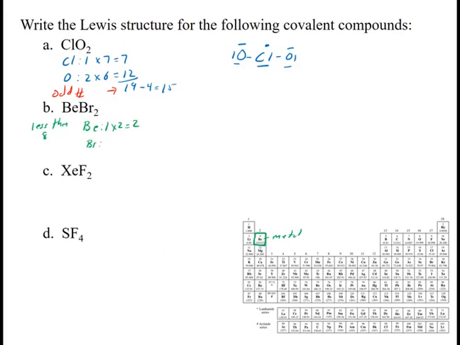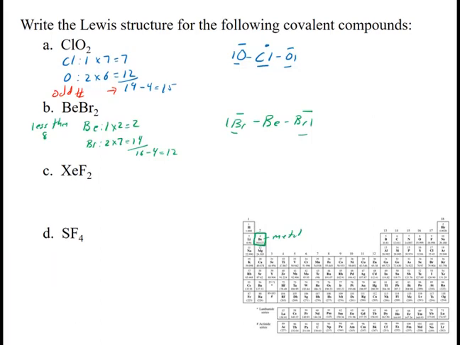Bromine there's 2 of them, and bromine is in 17, so it has 7 valence electrons to give me 14, so I have 16 total. Be goes in the center with Br on either side. So I used up 4, leaving me 12, and it's 2, 4, 6, 8, 10, 12. Okay, and because beryllium is a metal, it does not need to see 8.